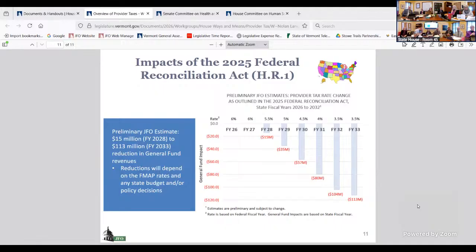So if this is just a reduction in revenue, we keep spending somehow magically the same. It wouldn't be a loss of revenue to the hospitals. Yeah, I see where you're going. If we lost the match, it would be a loss of revenue to the hospitals. But we would still have to make that policy decision for that to happen.